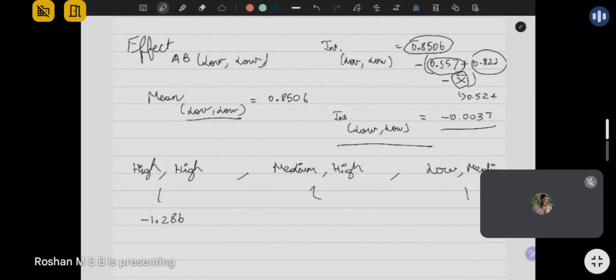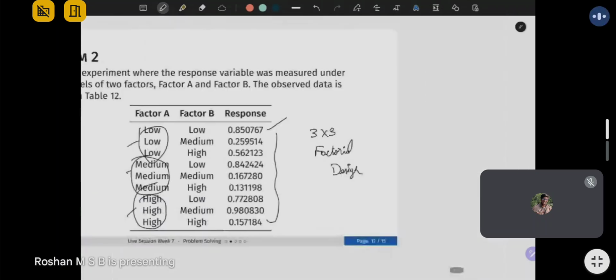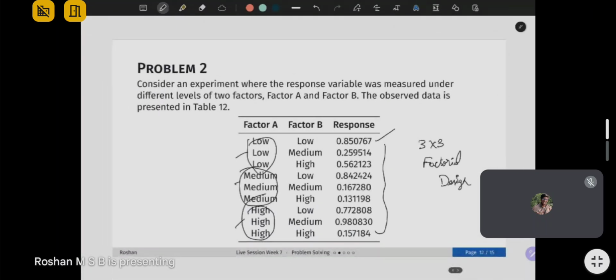What about medium, high, and low, medium? Yeah, please show the data points. Sure. Medium, high.